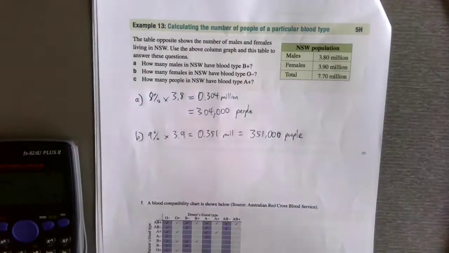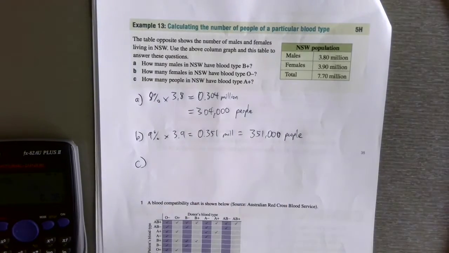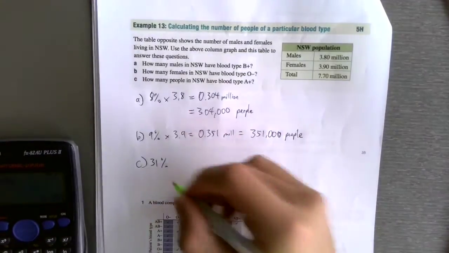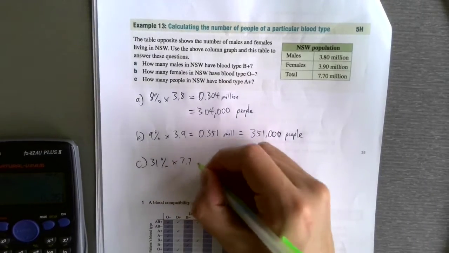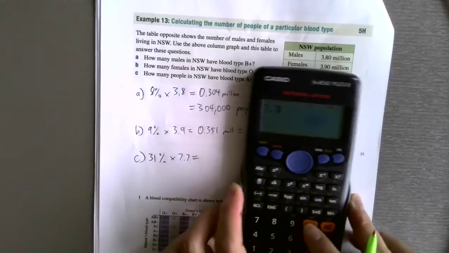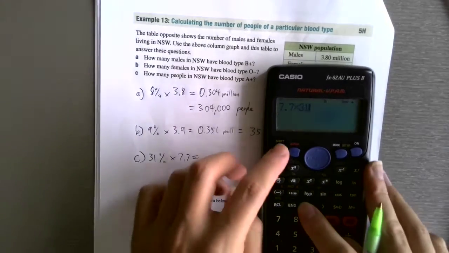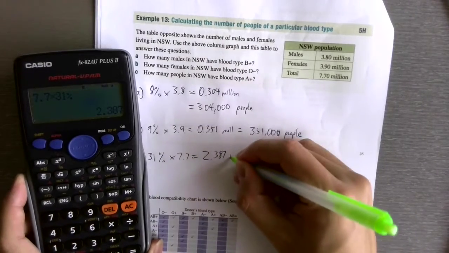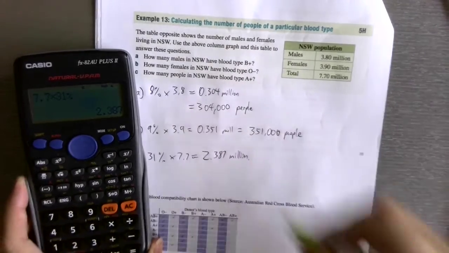In our last example, we're looking at how many people have A+, so 31%. We don't care whether they're male or female, so we're going to times it by 7.7 million. When we type in 7.7 times 31%, we get 2.387 million people.